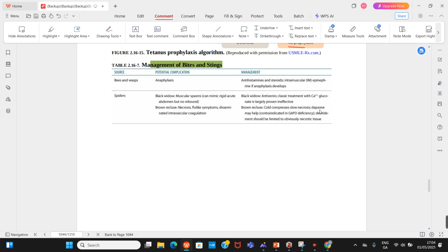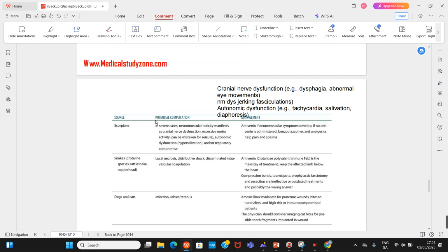And because of the spasm, although it's not very routine, they can give some benzo, but the most important thing to give is antivenin. Give antivenin to neutralize the venom from the spider. So black widow that made them shiver, undergo spasm with rigid abdomen, give the antivenin. For the brown recluse, where they have necrosis, debride, and use Dapsone, and also apply cold compress.